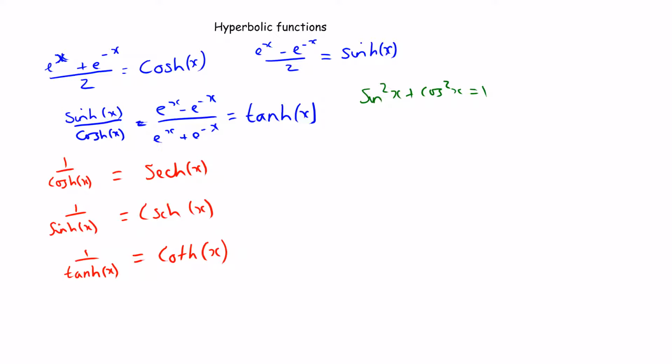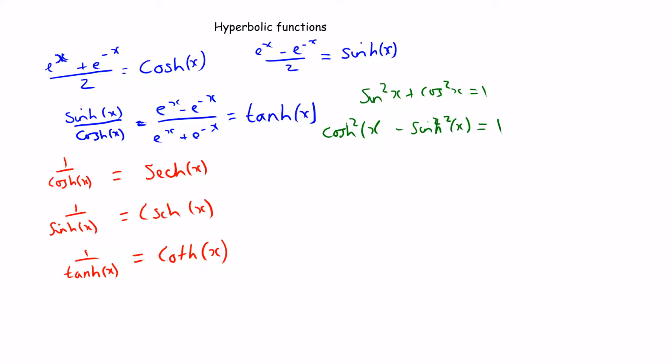So there is a similar hyperbolic identity, where cosh of x squared minus sinh of x squared is equal to 1.